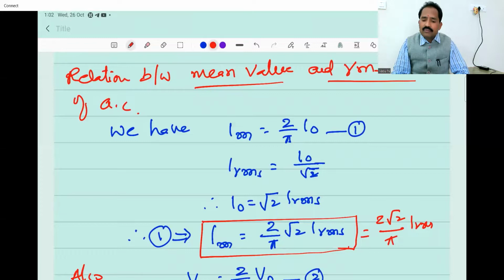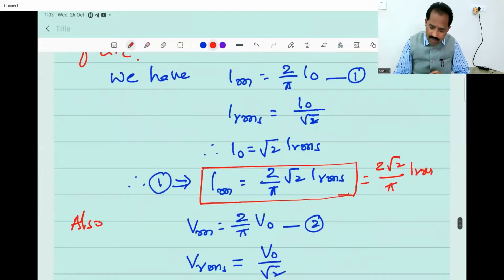Rearrange it. Now a 2-mark numerical may be asked: the RMS value of current is so much ampere, find the mean value of current. Or the mean value of current is so much ampere, find the value of IRMS. Rearrange it. For example, you can also write it this way. Look at this.